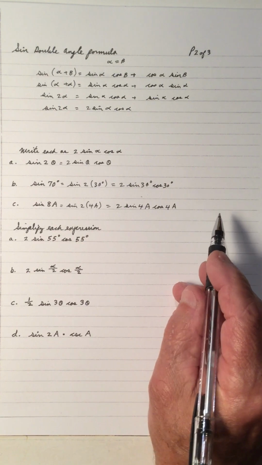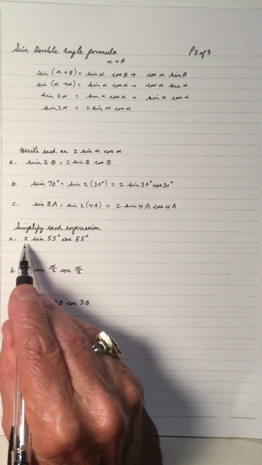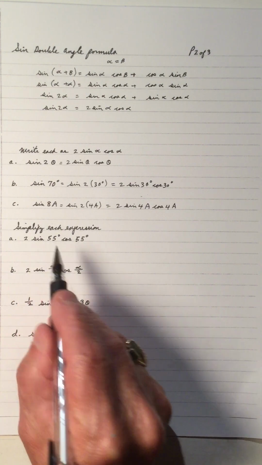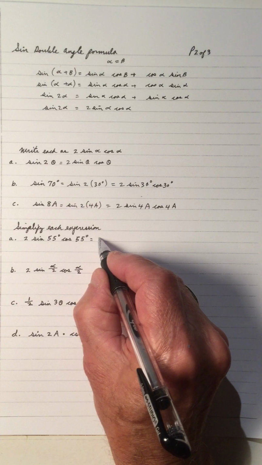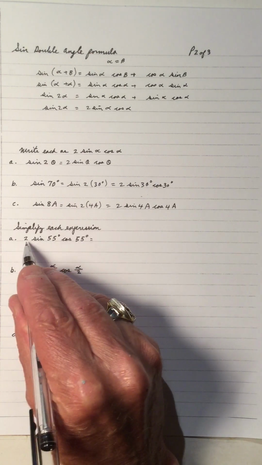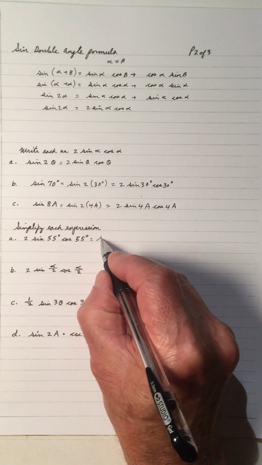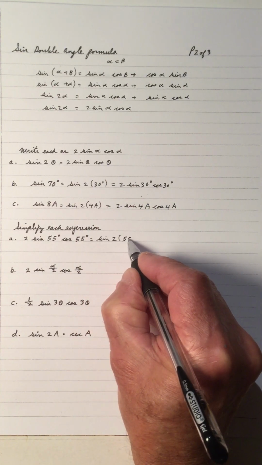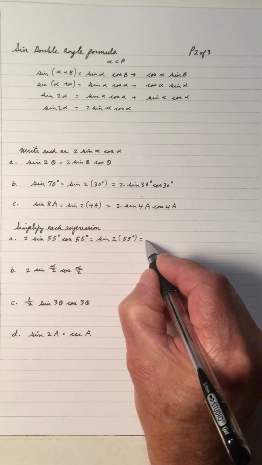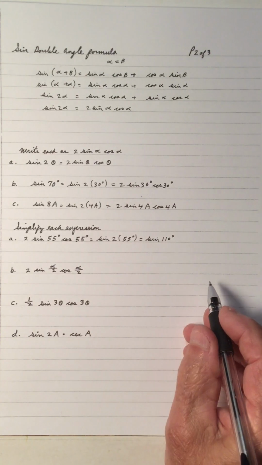Now let's do some expressions. What's another name for 2 sine 55 cos 55? That looks like a double angle, sine alpha cos alpha, like here. So that's the sine of 2 times 55 degrees, which is the sine of 110 degrees.